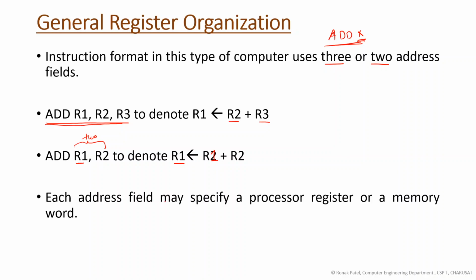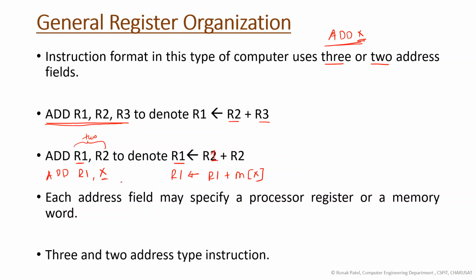Each address field may specify a processor register or a memory word. Right now we are using processor registers only. This can be a memory location as well, as we have seen in the previous case. So it can be add R1 comma X. In that case, R1 becomes R1 plus M[X], which is a memory word.